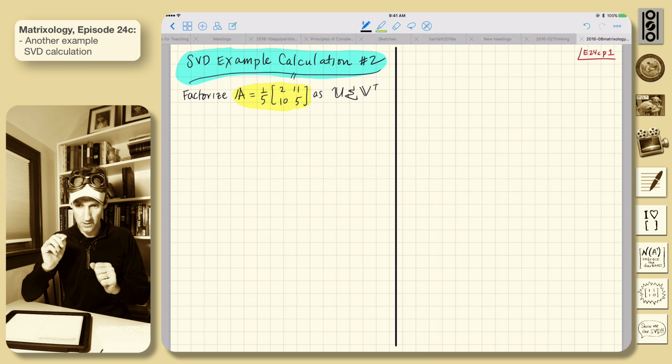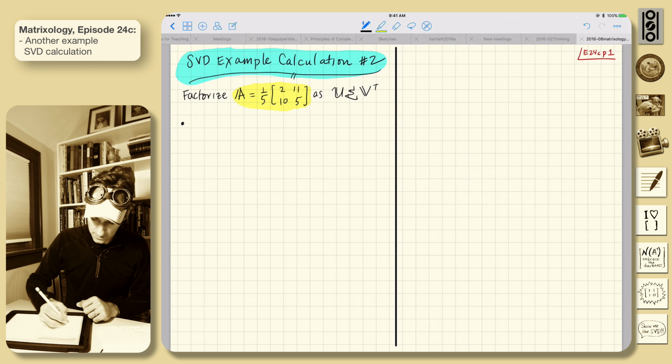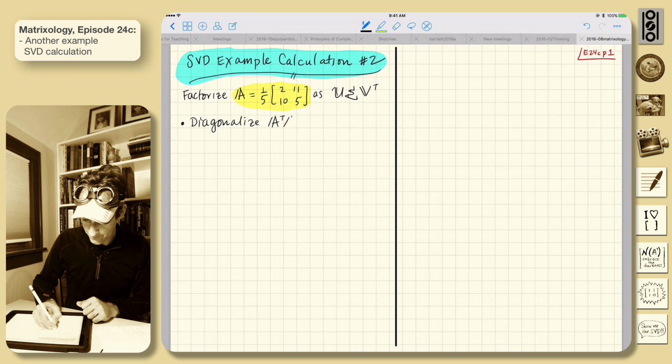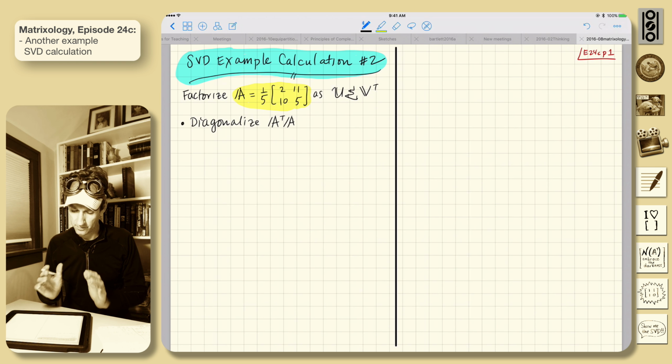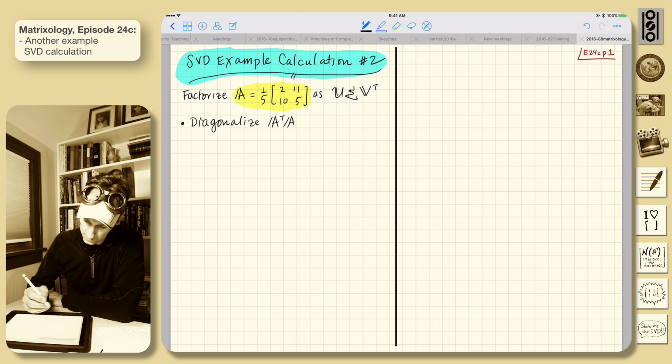So first of all, we diagonalize A transpose A. Now in this one we'll look at A A transpose as well, just to fill in some things. All right, so first thing, let's find what this is.